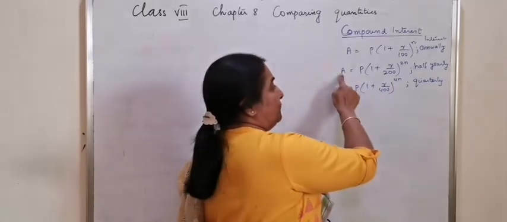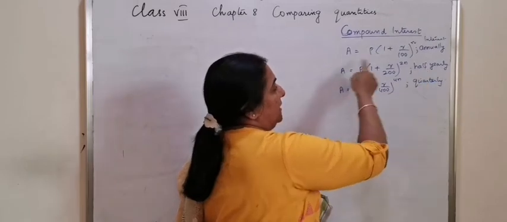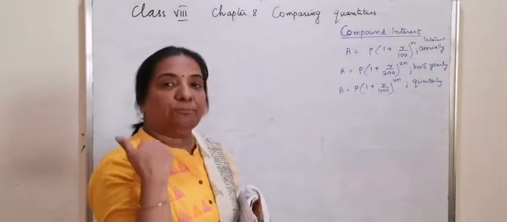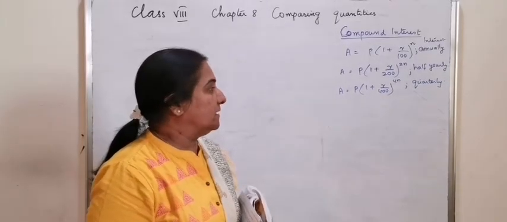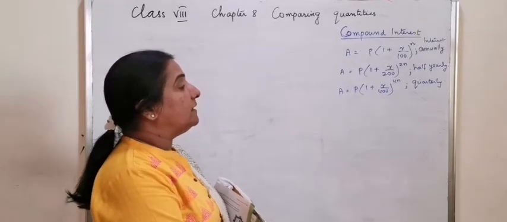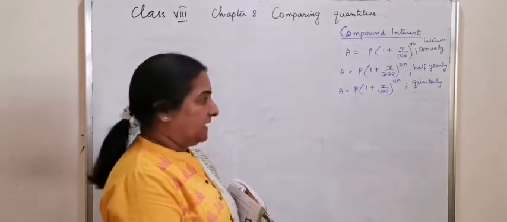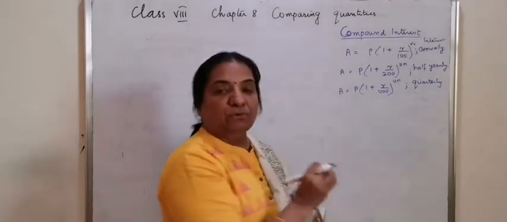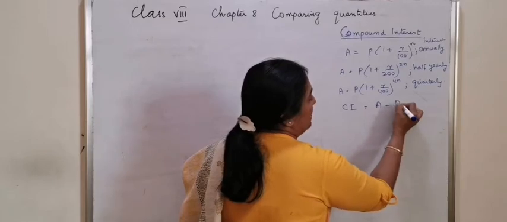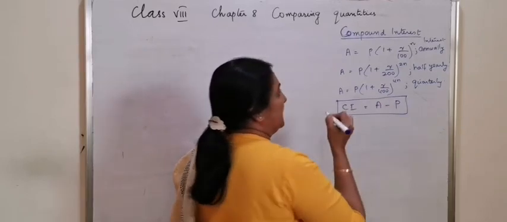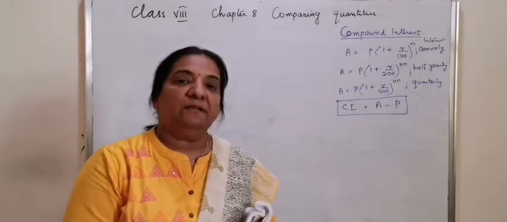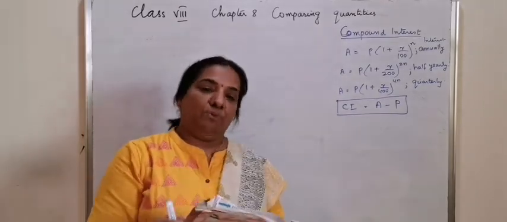That is, if it is calculated half yearly, amount is equal to P into 1 plus R by 200 to the power of 2n, and when it is quarterly, A is equal to P into 1 plus R by 400 to the power of 4n. You will get the amount by calculation, and the compound interest will be amount minus principal, which has been deposited or borrowed.